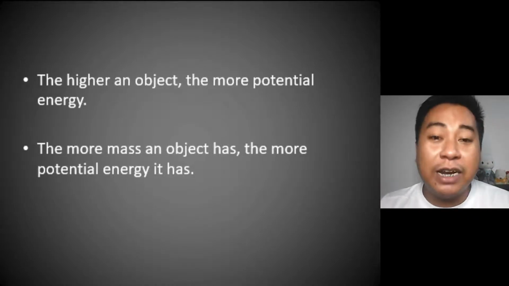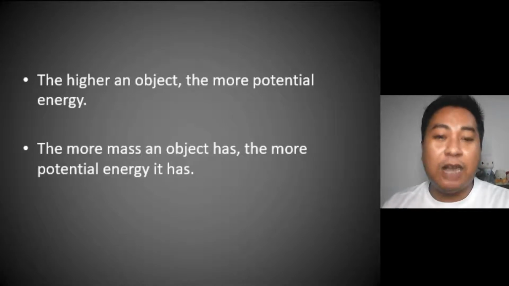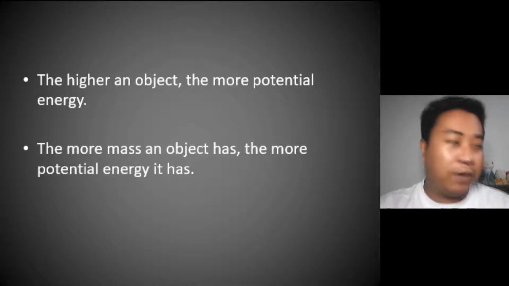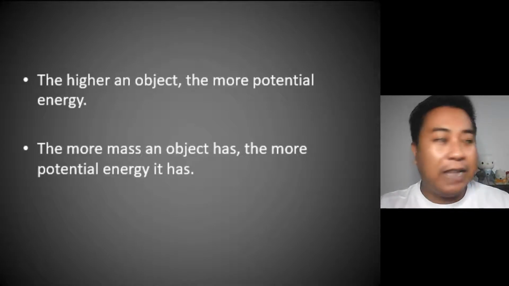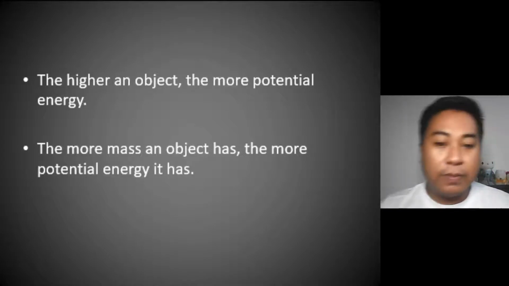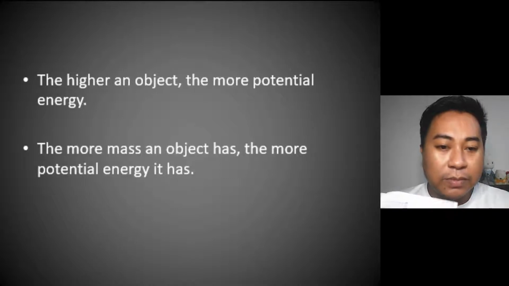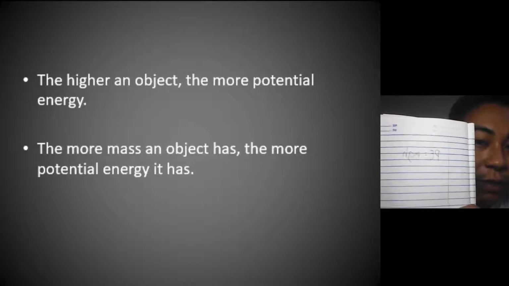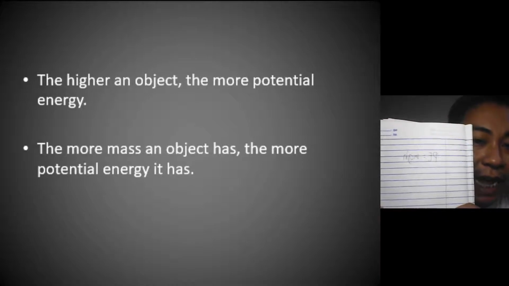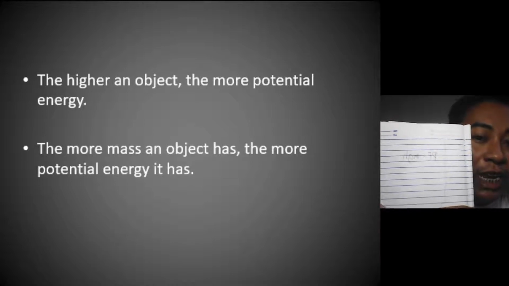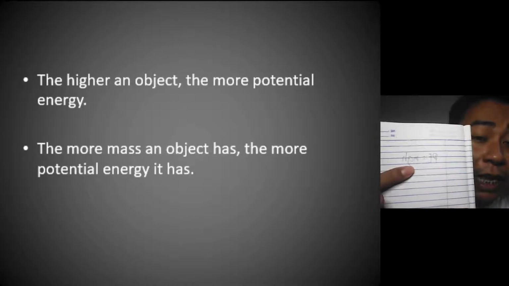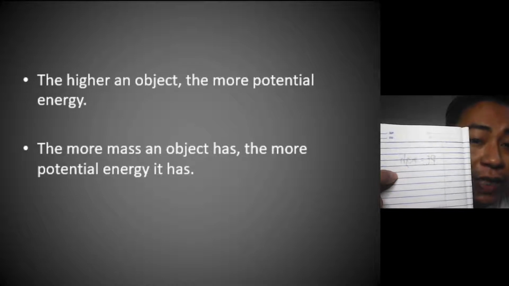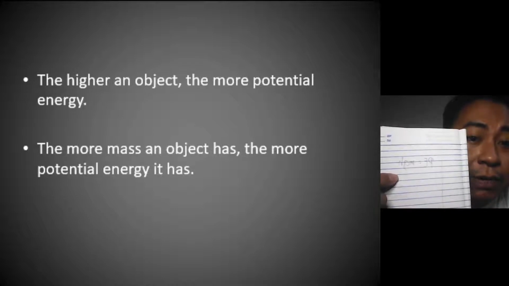So, potential energy is equal to mass times acceleration due to gravity times height. So, using the formula of potential energy is equal to mass times G times height, wherein mass, acceleration due to gravity, and height are on the same side, ibig sabihin, it is directly proportional.